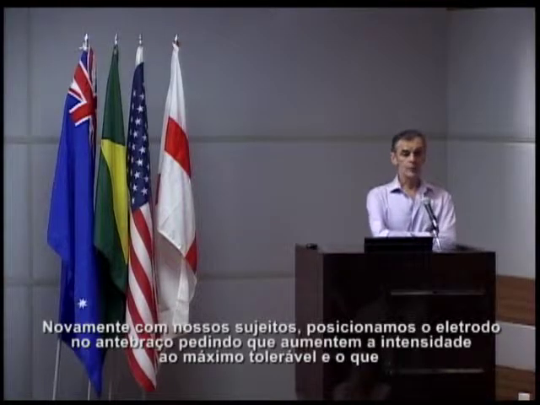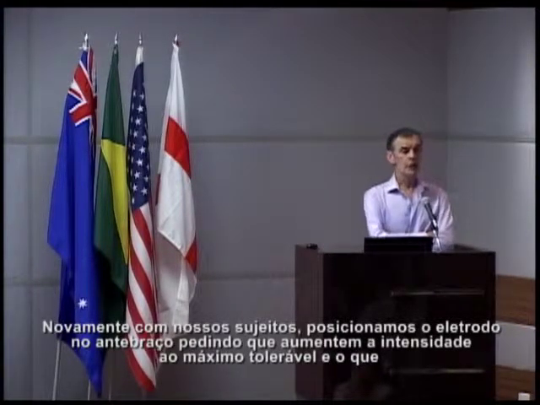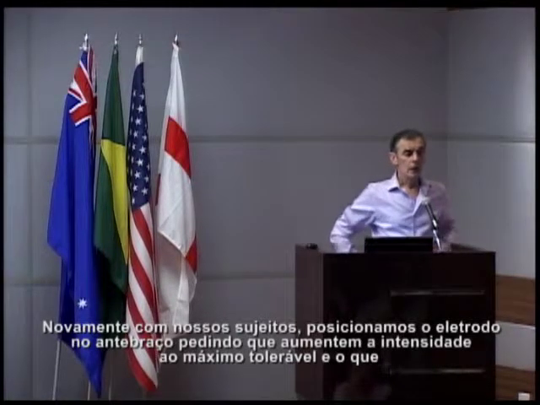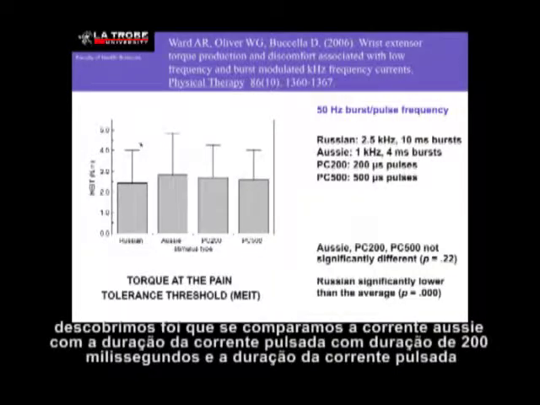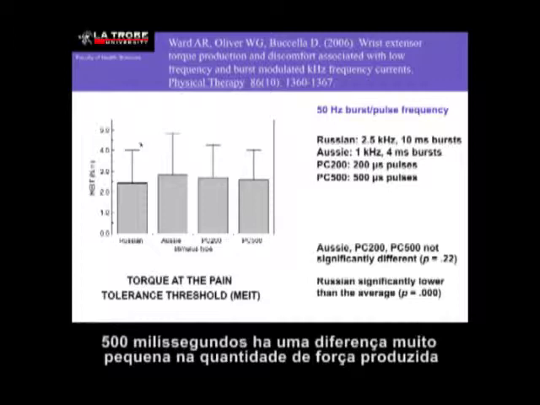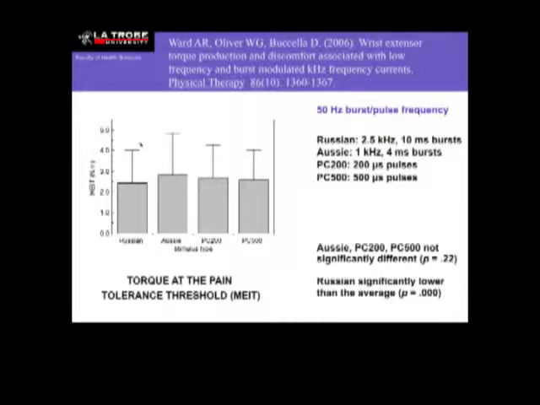Again, with our subjects, we were putting electrodes on the forearm, asking them to turn up the intensity to maximum tolerable, and what we found was that if we compared Aussie current with pulse current with a duration of 200 microseconds and pulse current with a duration of 500 microseconds, there's very little difference in the amount of force that's produced.